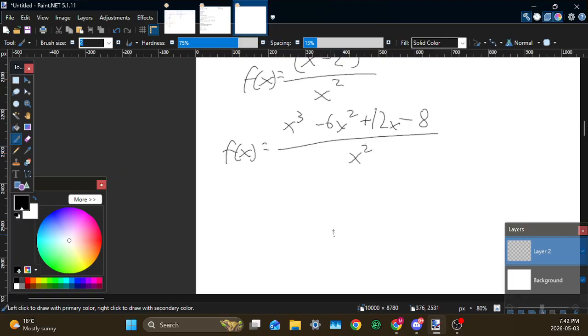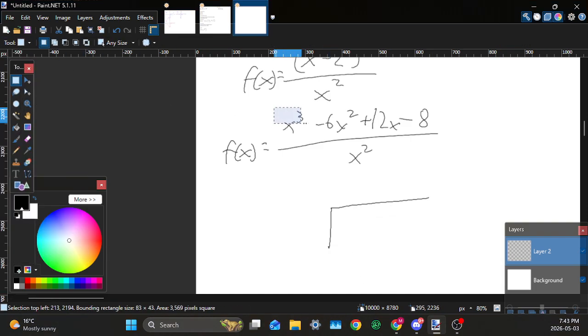Now, in order to find the slant asymptote, we are going to have to do a little bit of long division here.